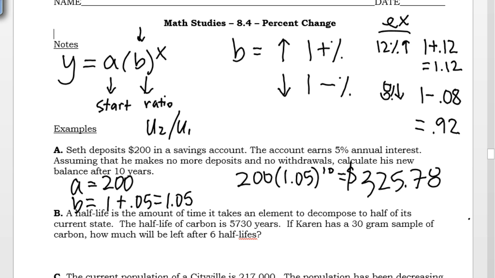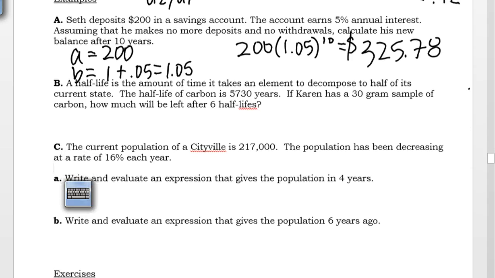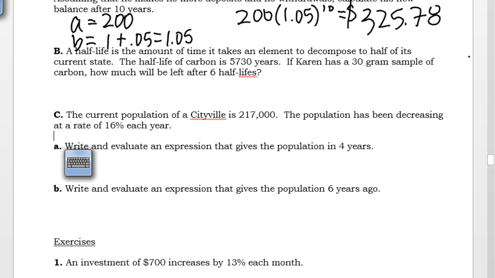Okay, example B says half-life is the amount of time it takes an element to decompose to half its current state. The half-life of carbon is 5,730 years. If Karen has a 30-gram sample of carbon, how much will be left after 6 half-lives? So we are starting with 30 grams of carbon, and a half-life means that we have 100% of the item, and we're losing 50% of it, half of it.